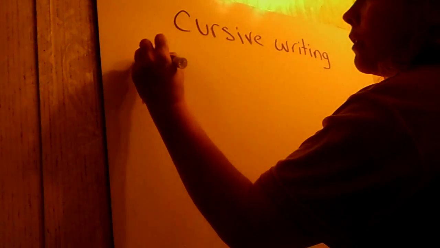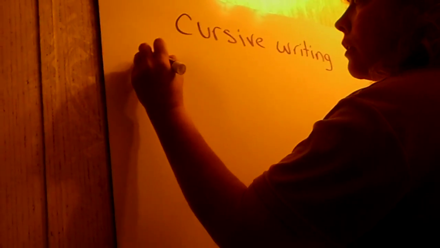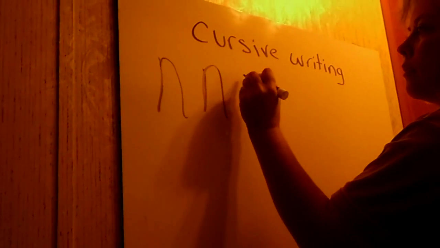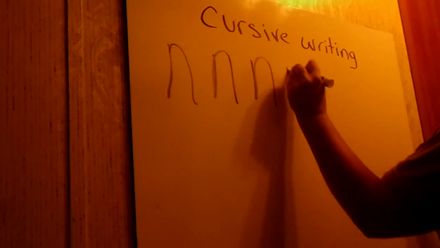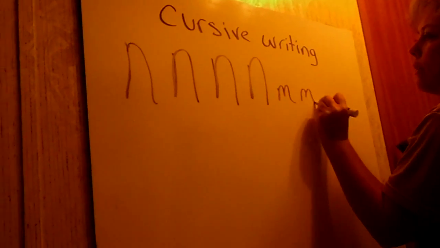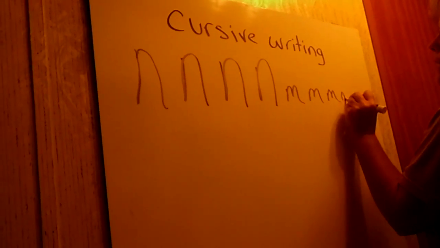N, that's regular N's, capital N's. Lowercase n's is you have 2 bumps. Lowercase n's. They look like M's.